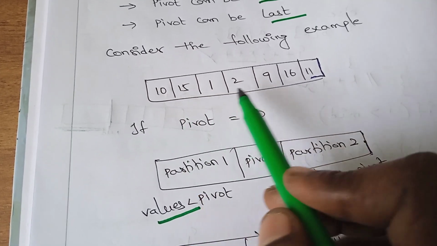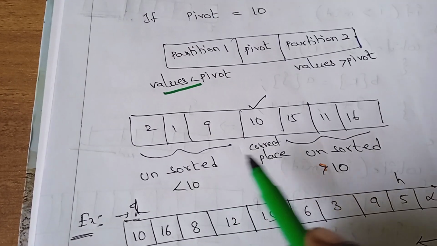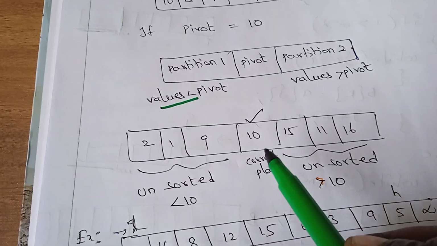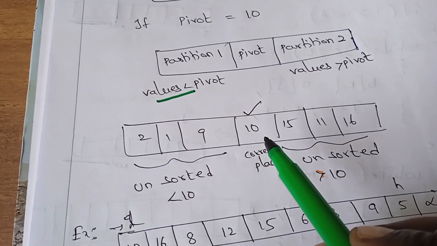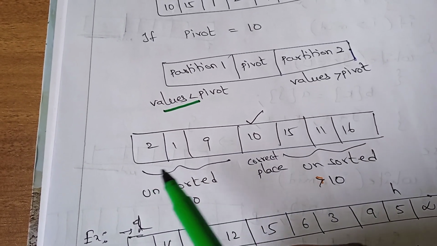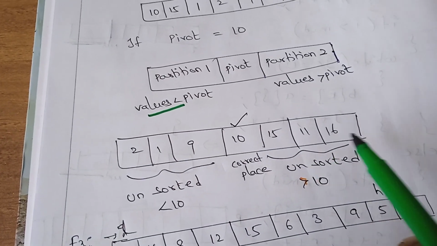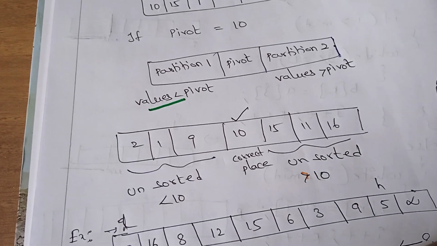If you arrange the list, it will be something like this. So 10 will be settled here, and this is the pivot element. All the lesser elements than 10 will be on the left side, and all the greater elements on the right side.